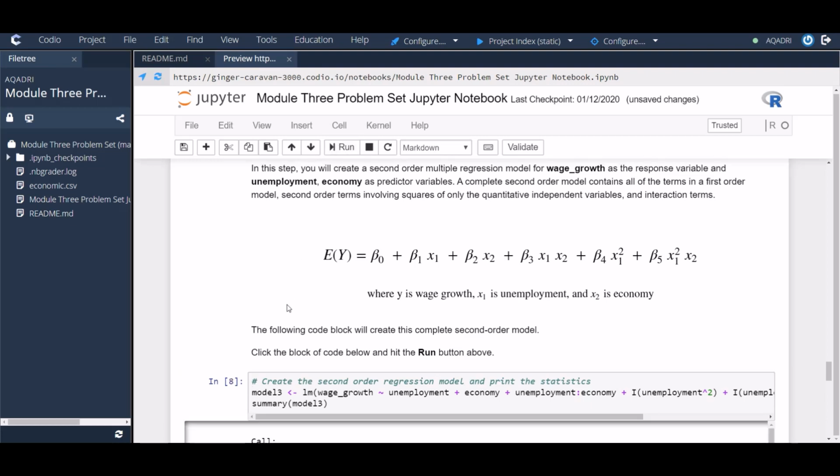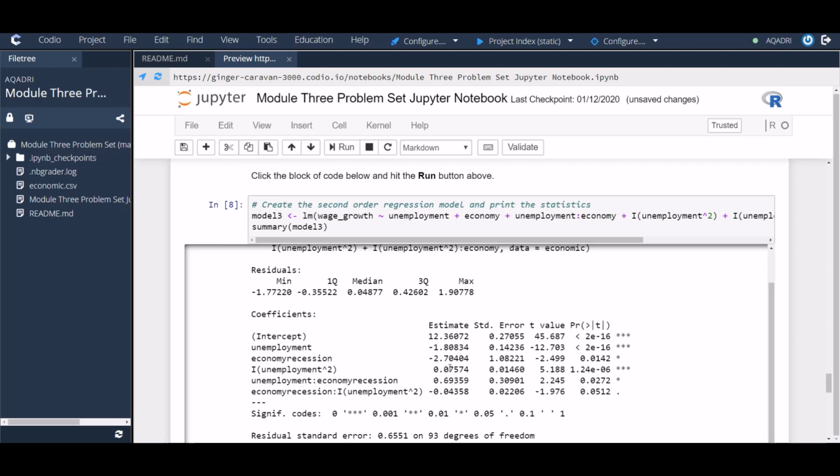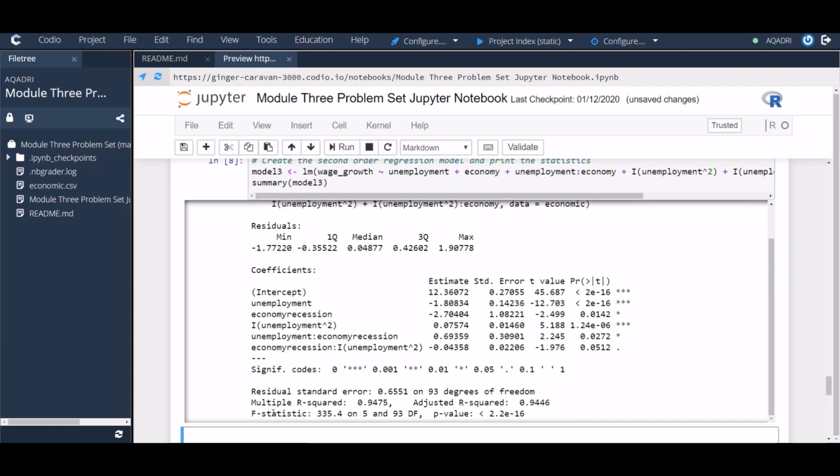That's your third model for this week. And here are all our estimates and the p-values for the t-tests. Clearly, the overall F-test is significant, so you would go back and look at which terms here are significant.